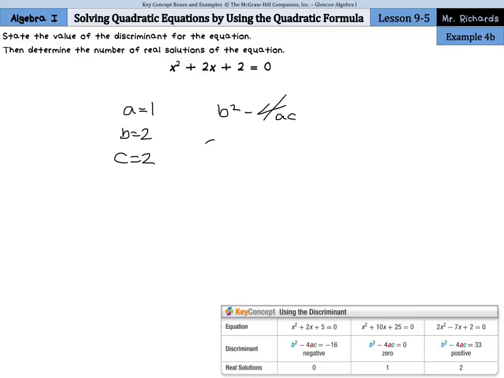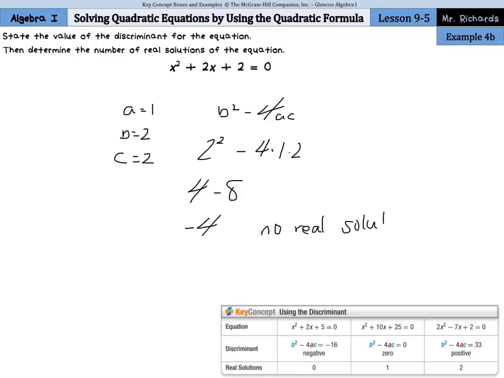My b is 2, so 2 squared minus 4 times 1 times 2. This becomes 4 minus 8, which is negative 4. And since I have a negative discriminant, that means I'm going to have no real solutions. And that's all we need to say, no real solutions.